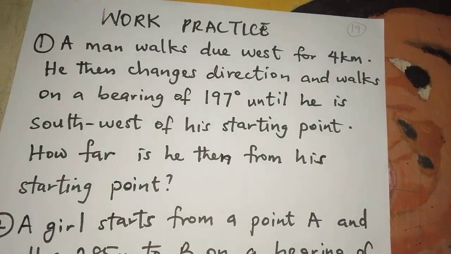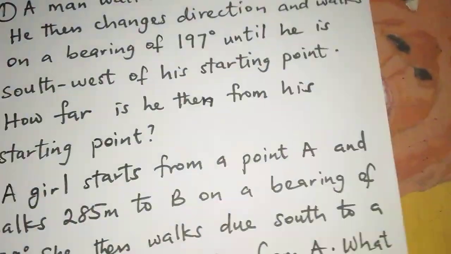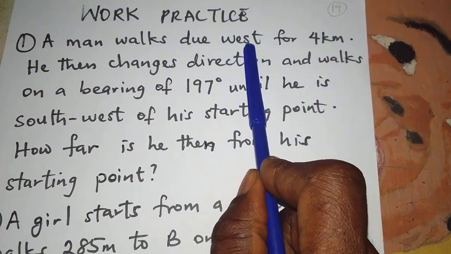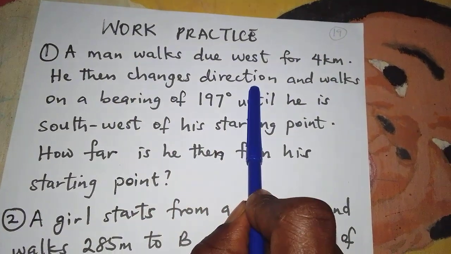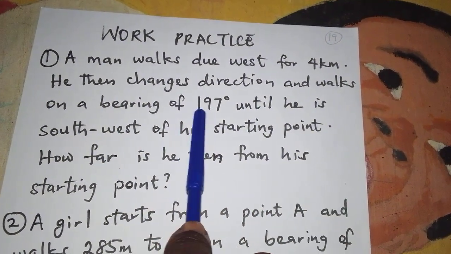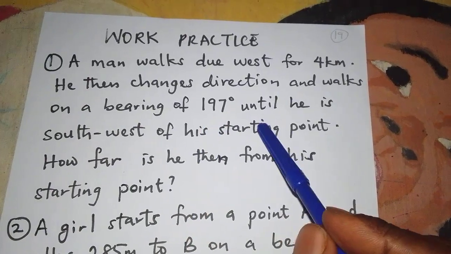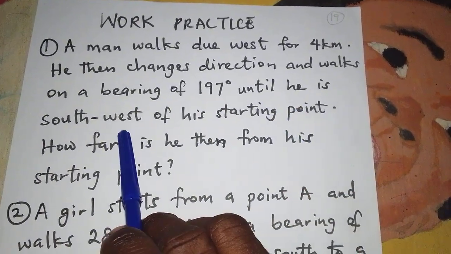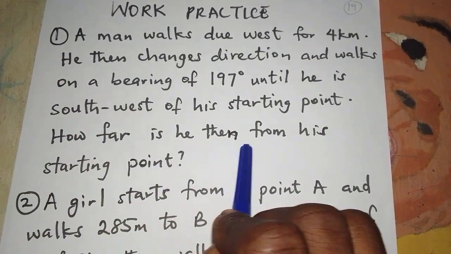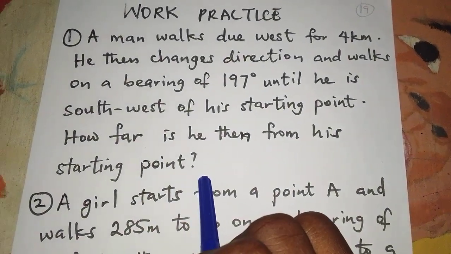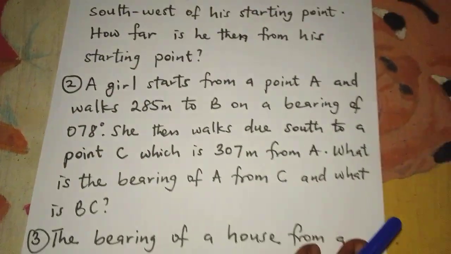For the work practice, number 1: A man walks due west for 4 kilometers. He then changes direction and walks on a bearing of 197 degrees until he is southwest of his starting point. How far is he then from his starting point? Number 2.